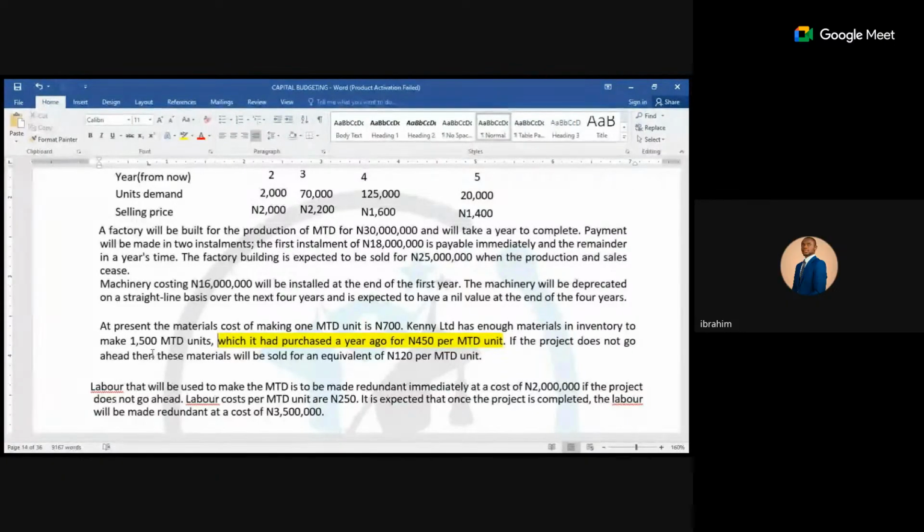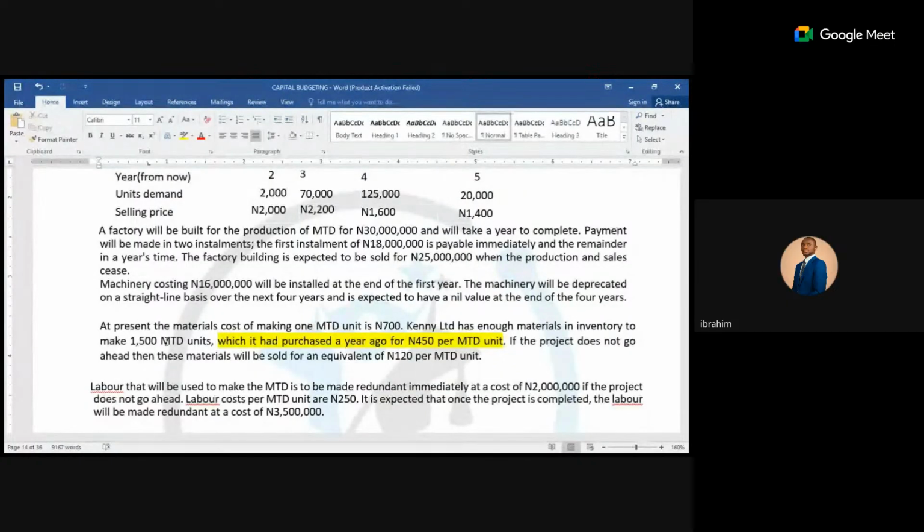The demand is 2,000 units and we already have 1,500. Meaning that if you want to buy the material today in the market, at present it will be 700 naira per unit. So the remaining 500 will be the current cost. We'll go to the market and buy the material, which is the 700 naira per unit times the 500 units.